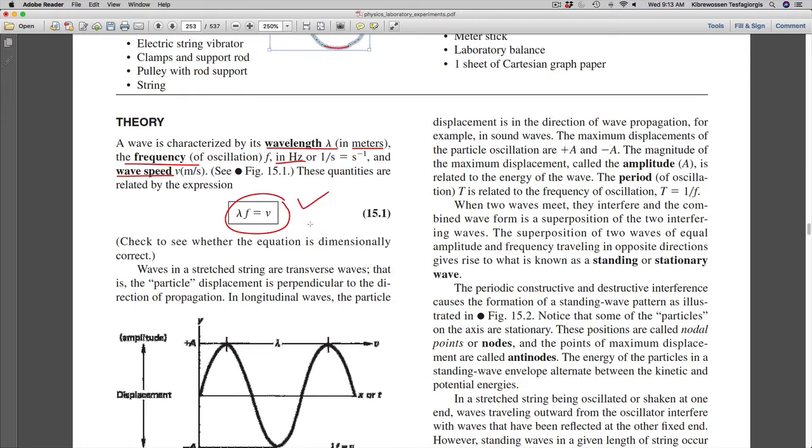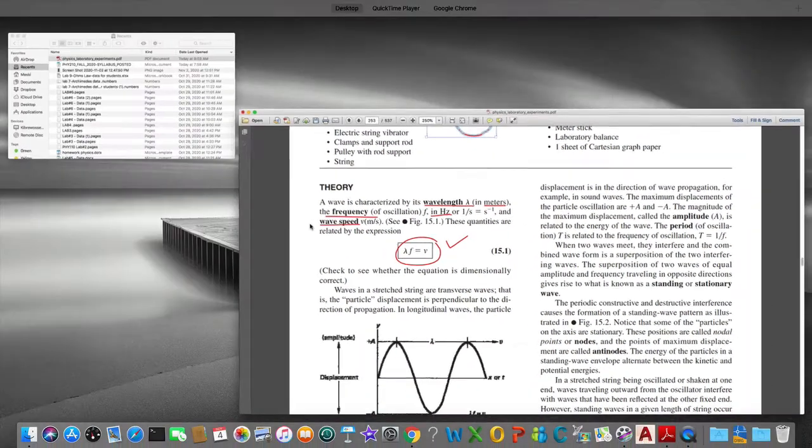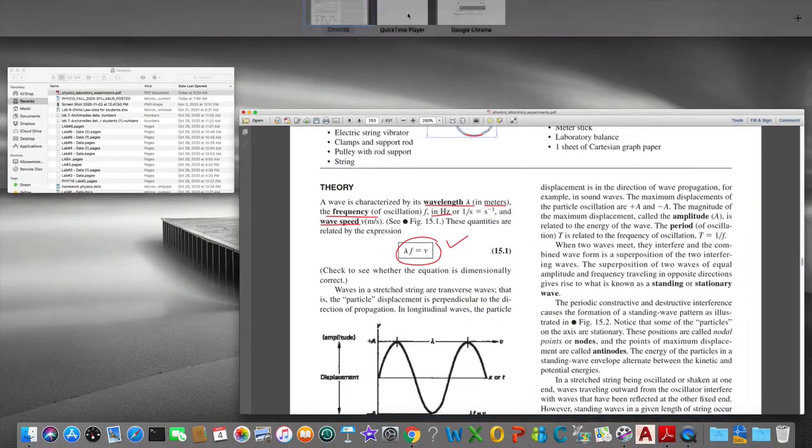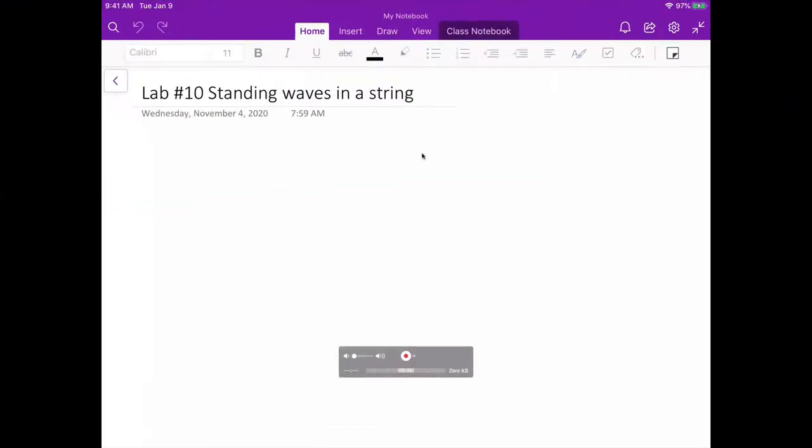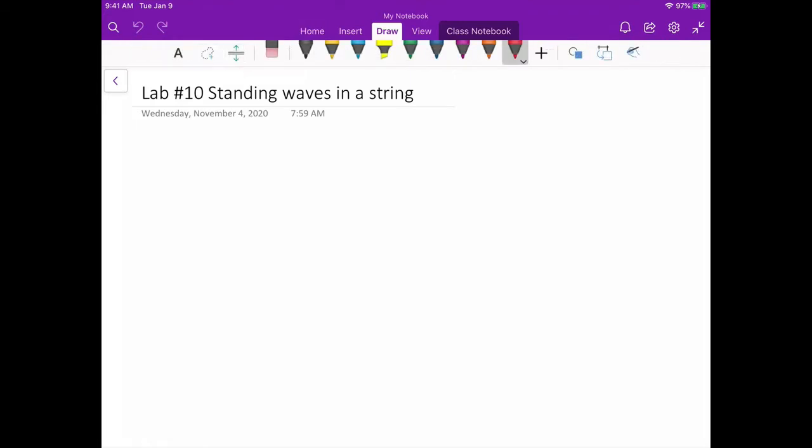Every wave can be represented by this equation. The other equation that we need for today's experiment is for a string that is held tight. For a string, you can find the speed of a wave in a string.